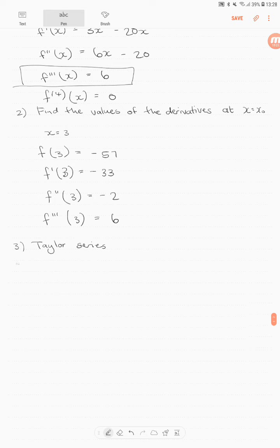So our Taylor series, f of x is equal to f at x0.